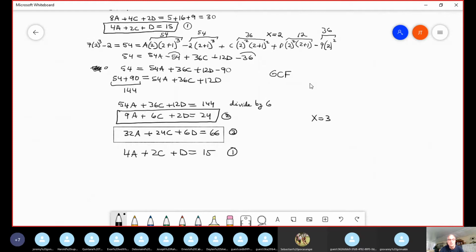Equation number 1. And we have 3 equations and 3 unknowns. That is the reason this topic of partial fraction decomposition we study exactly in this chapter, about linear systems of equations.